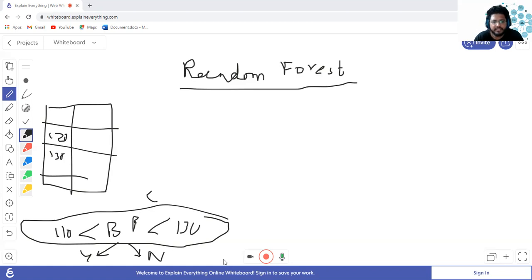So random forest is a concept built on top of decision trees, which uses the simplicity of decision trees but with high accuracy, right?